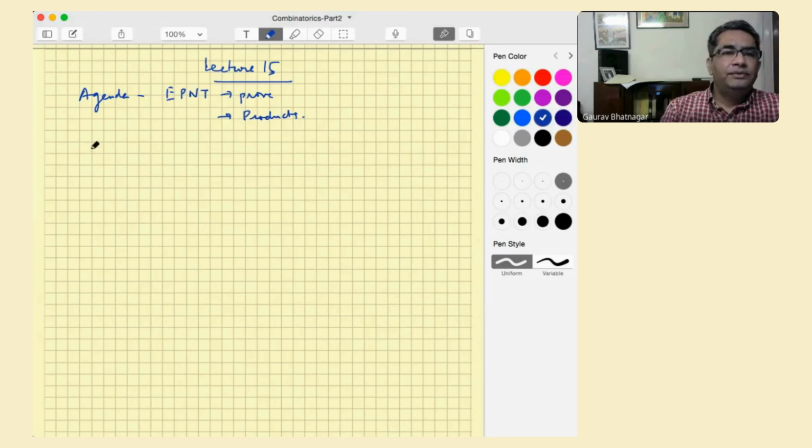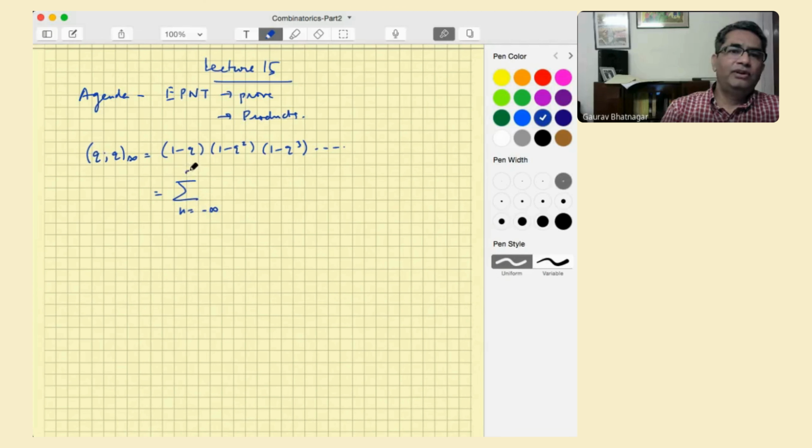Anyway, so this was the formula which we were looking at. Q infinity equal to 1 minus q square, 1 minus q cubed, and so on. And this is, n going from, this is one way of writing it, minus 1 raised per n, q raised per 3n square minus n over 2.